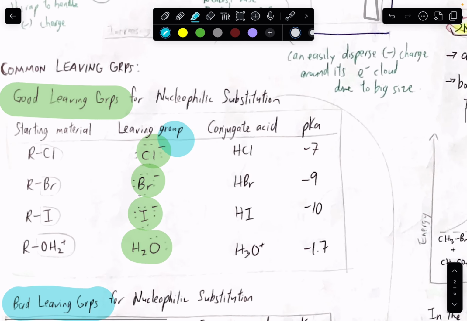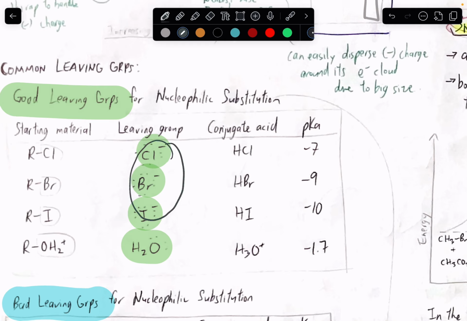Looking back at this list, chlorine, bromine, iodine: everything in the halogen group except fluorine is a good leaving group. And we've seen it in the previous examples so far. We've been juggling with these halogens only.